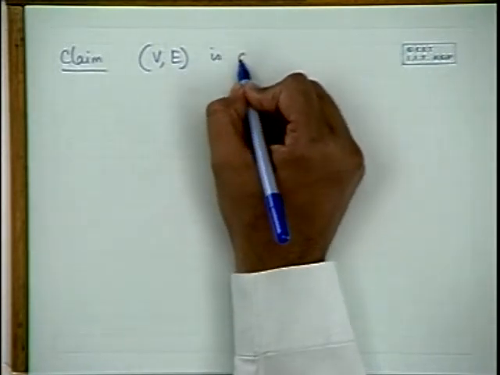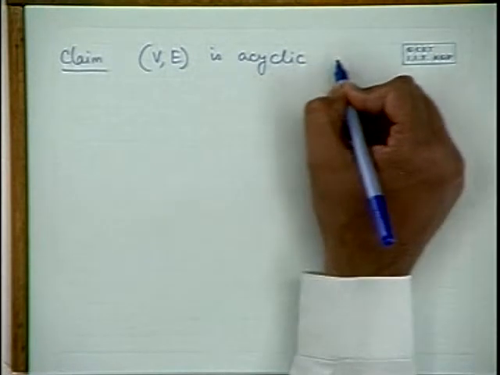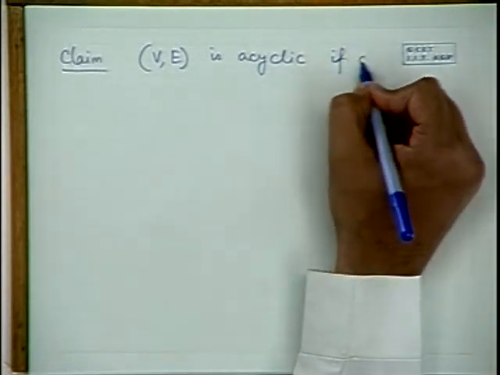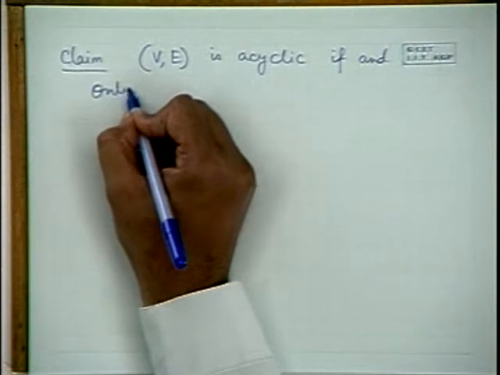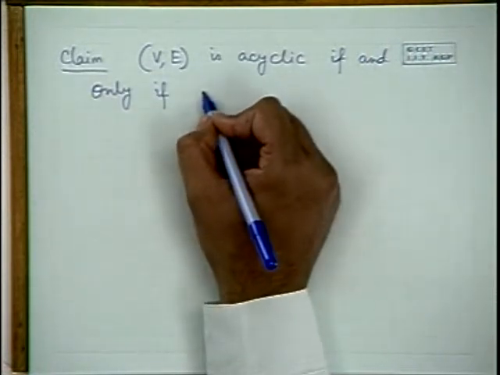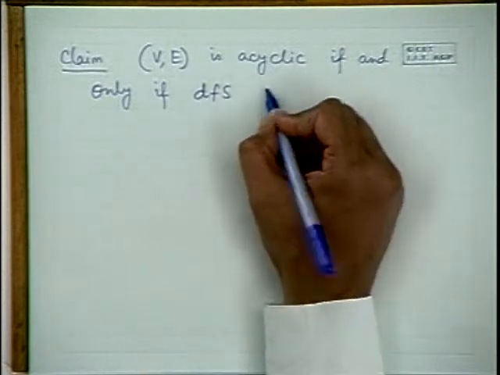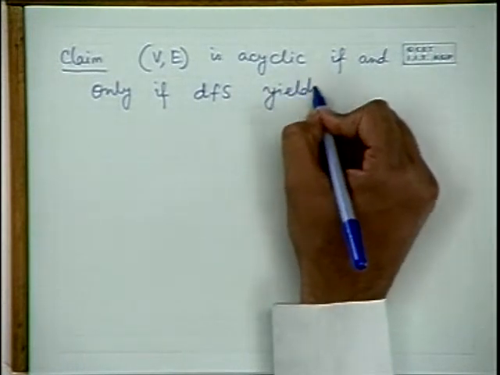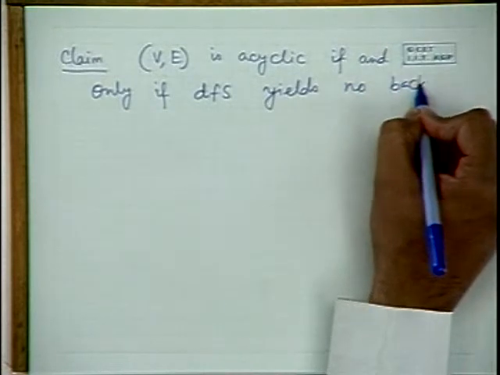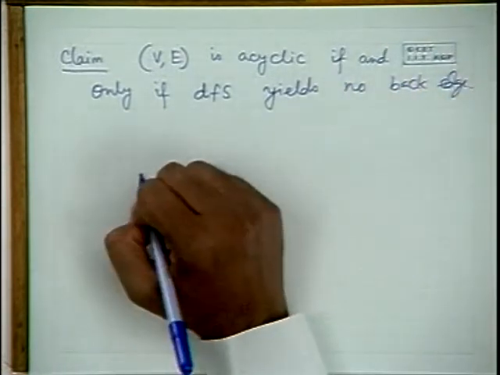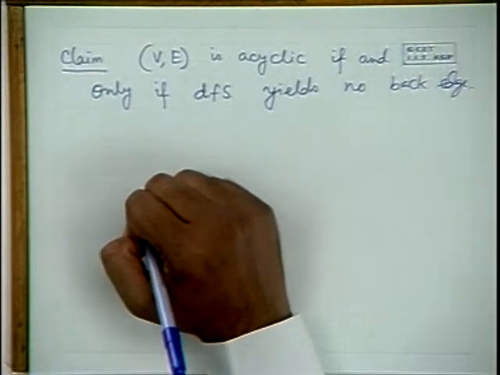G is acyclic if and only if DFS has no back edge. So first you run a DFS on the graph and check whether there is a back edge or not. If there is no back edge, then only we proceed for the topological sort on that graph. If there is a back edge, you stop and just output that it is not possible to do a topological sort.